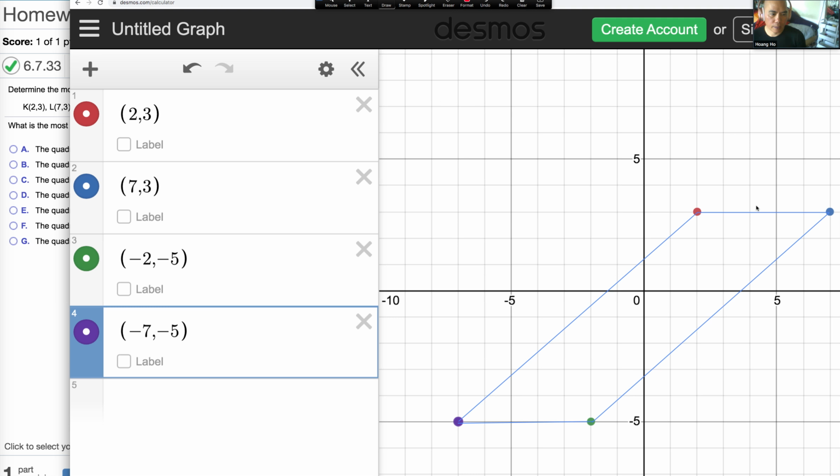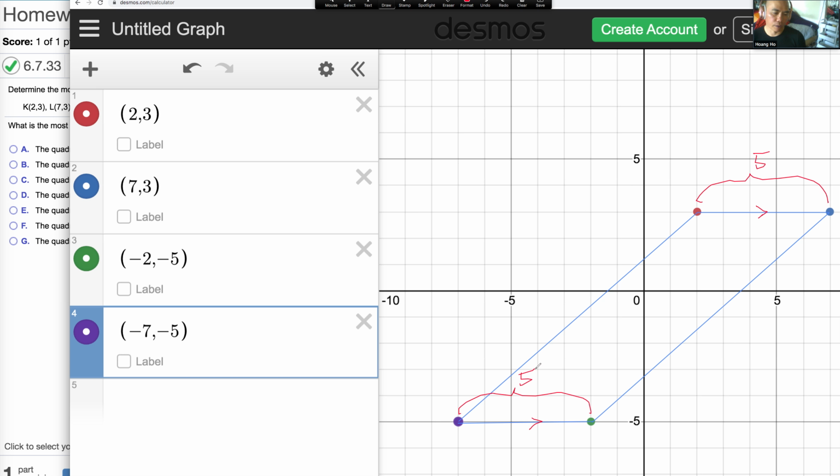You see that these two sides are both horizontal, so they are parallel. And you can calculate how many units from here to here. That's 5. From here to here, also 5. So that is a parallelogram.